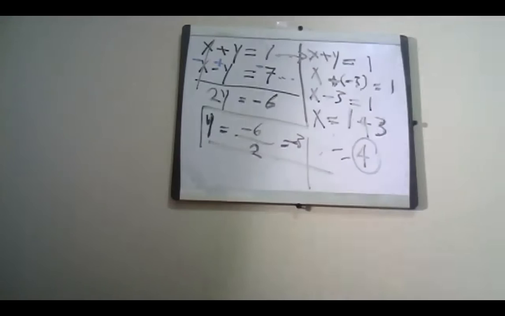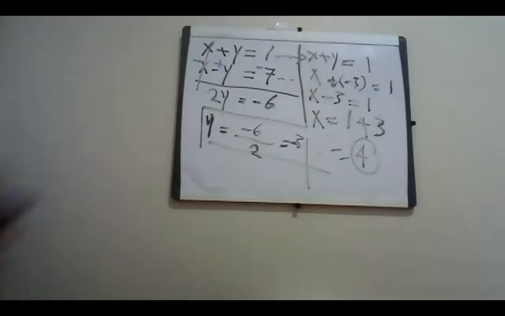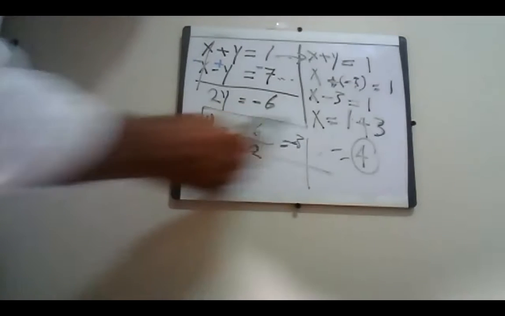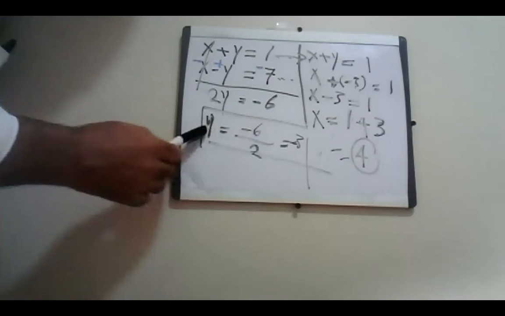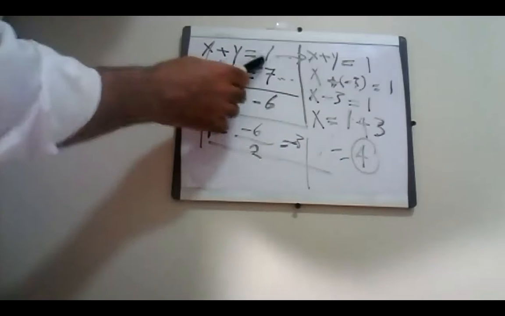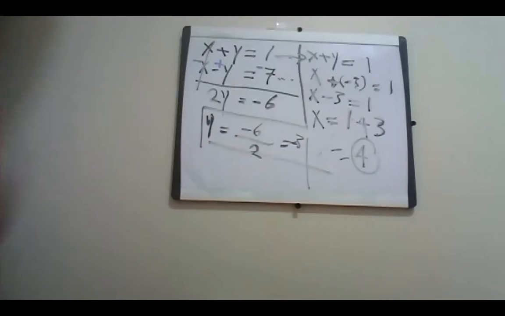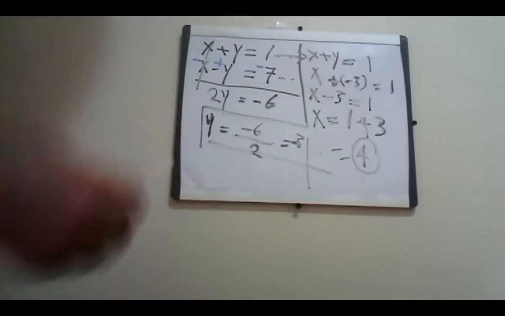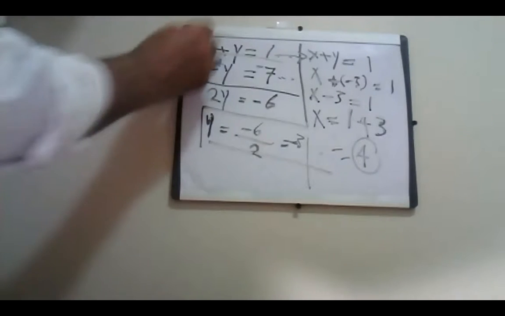Okay? Now I would say you can substitute x with 4 and y with minus 3 in any equation. Let's see the first one to make sure that your solution is right. Let us take the first equation, this one.